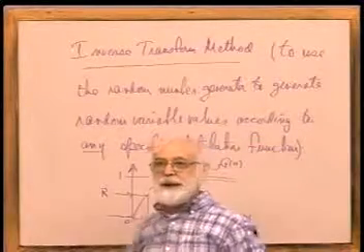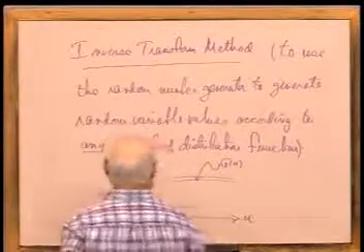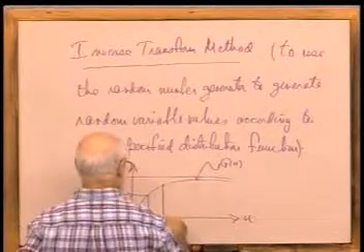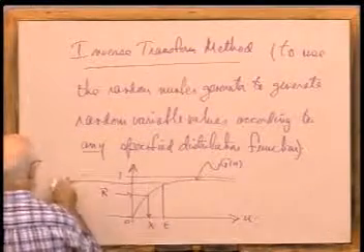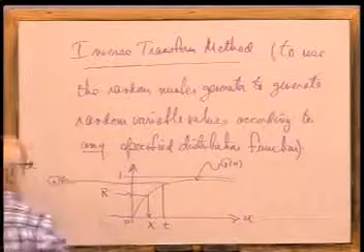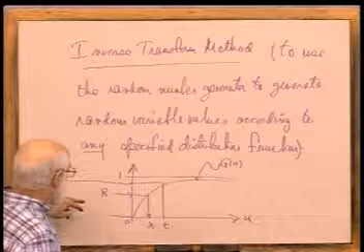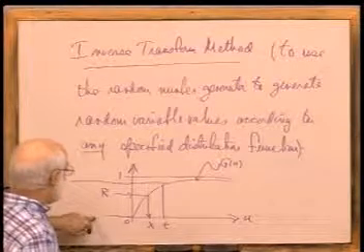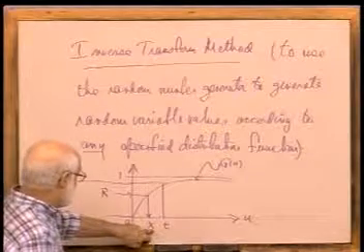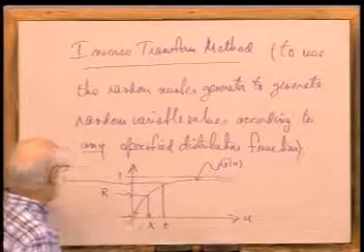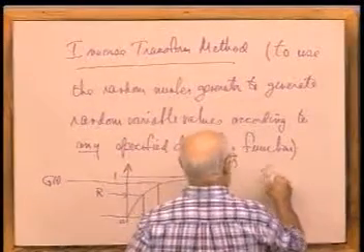Okay? So let me write down what the theorem says. Let's say here is t, and then this thing would be G of t. What I'm going to prove is that if R is less than G of t, then the x's that come out of this have G of t as their distribution function. So the theorem says this.